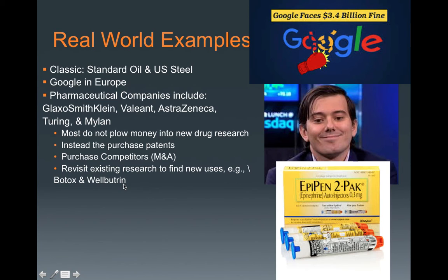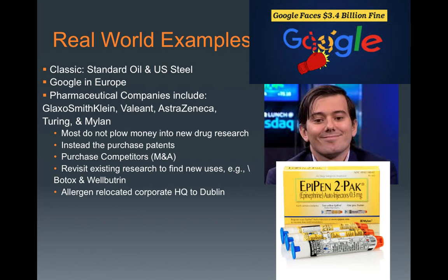Wellbutrin, which was an antidepressant, they found that Wellbutrin also helps people to quit smoking. So the pharmaceutical company that owns that put another name on it and then remarketed it as a stop smoking drug. So they're not really making new drugs, they're just finding new uses for existing drugs and saying it treats this and that.